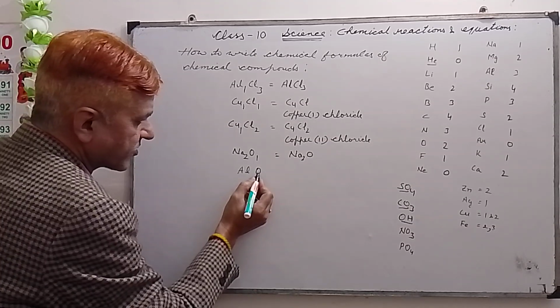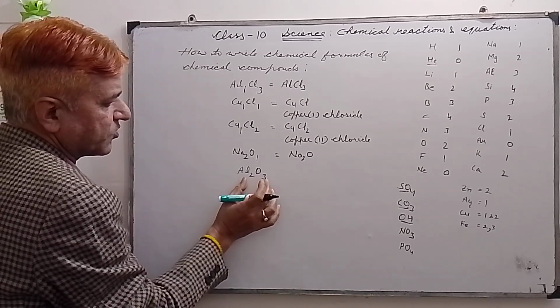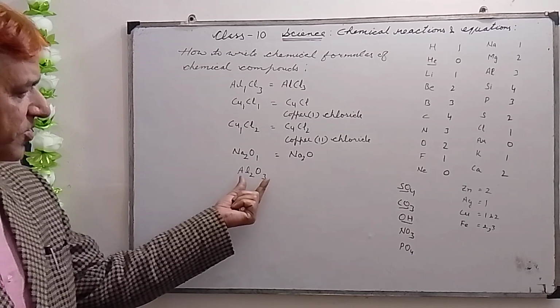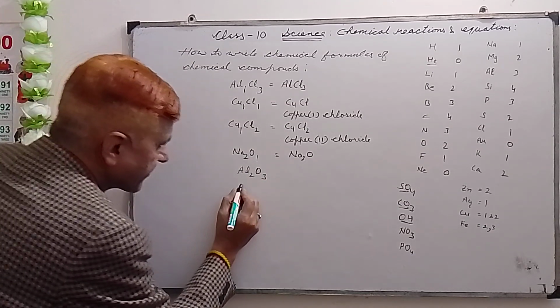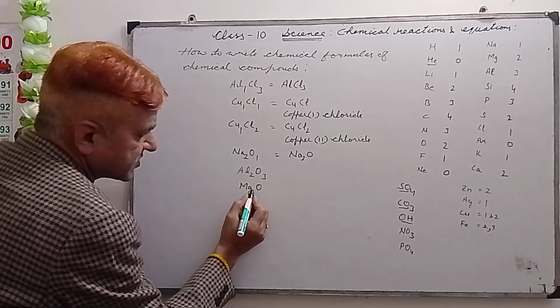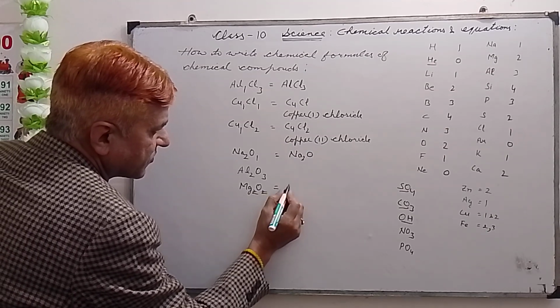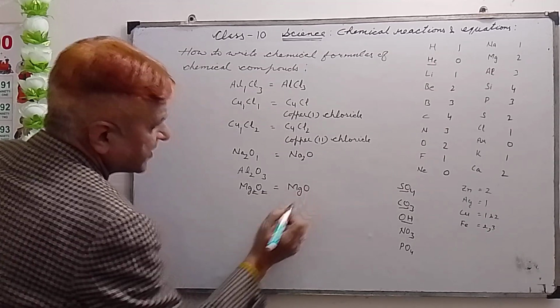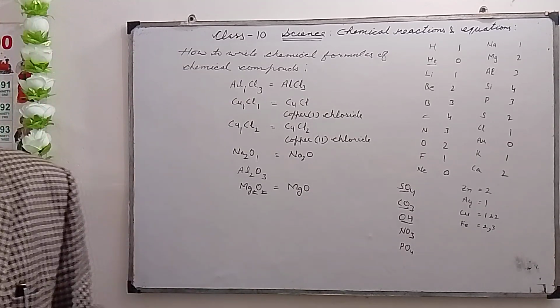So valency of oxygen 2, valency of aluminium 3. So this is Al2O3. This is aluminium oxide. Then we have magnesium oxide. Magnesium and oxygen. Valency of oxygen 2, valency of magnesium 2. So the 2s get cancelled. So we have MgO. This is magnesium oxide.